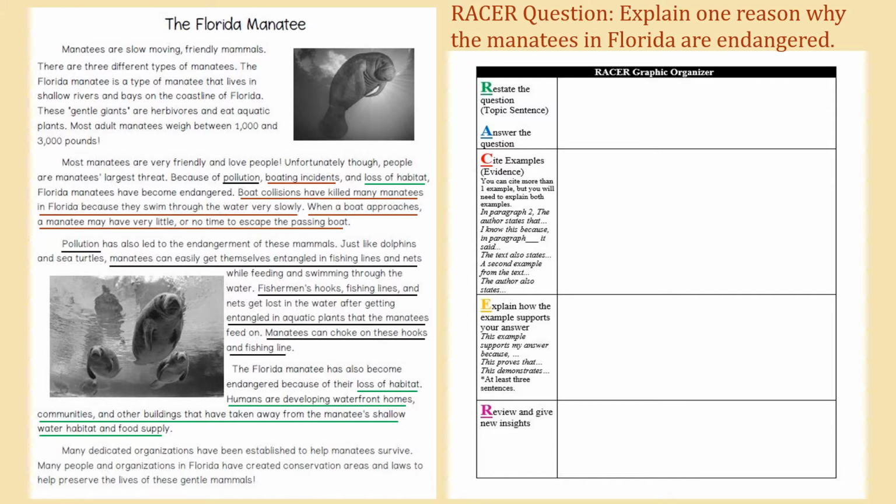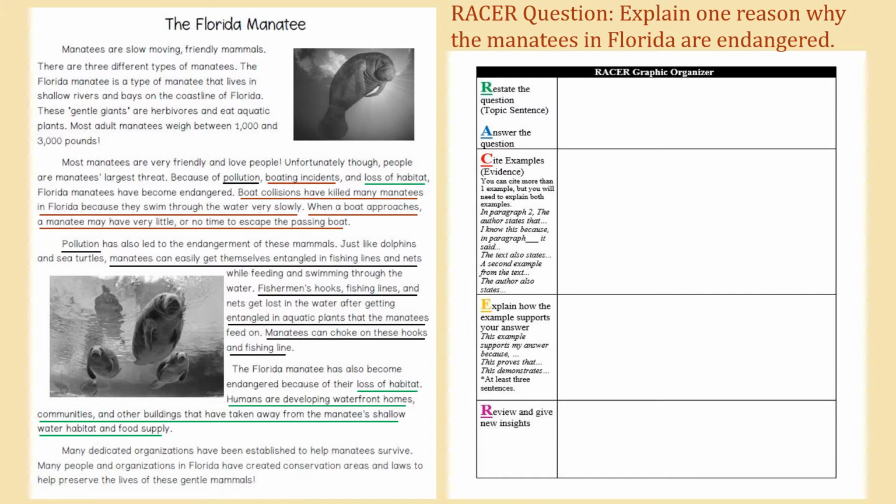Boat collisions have killed many manatees in Florida because they swim through the water very slowly. When a boat approaches, a manatee may have very little or no time to escape the passing boat. Pollution has also led to the endangerment of these mammals.